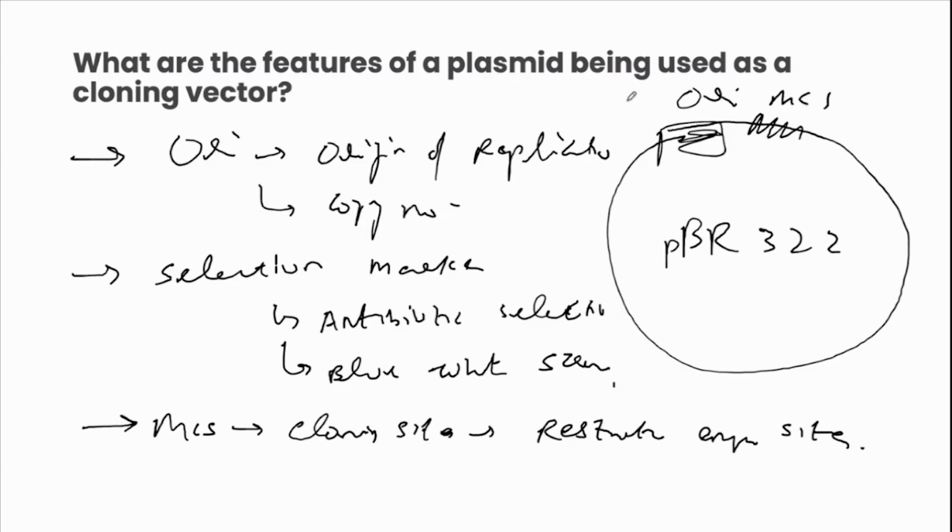MCS is basically a hub, a DNA sequence wherein there will be a lot of enzyme sequences. Even within 100 base pairs, we'll have around 5 to 7 enzymes with which we can easily clone. Then we'll have a selection marker, and at the MCS site we can introduce our gene of interest. So these are the features of the plasmid which can be used as a vector.